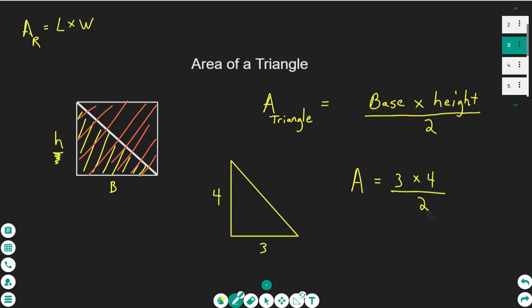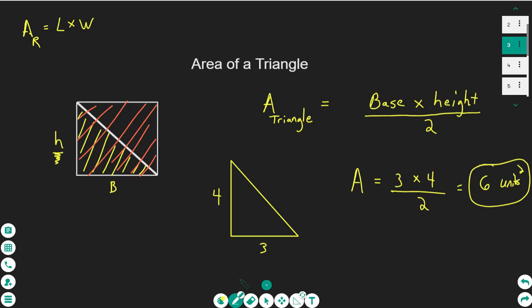And then we're going to divide that by 2. So 3 times 4 is 12, divided by 2 is going to be 6. So we end up with 6 units squared, because again, I didn't give you units for this problem. We'll just call it units squared. All right? Very good. So that is how you find the area of a triangle.